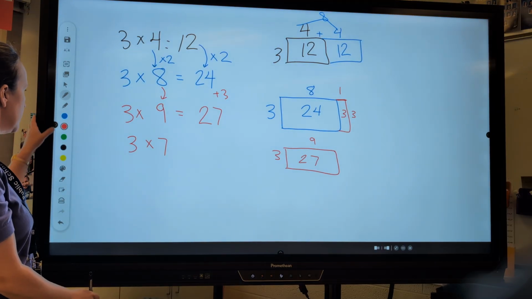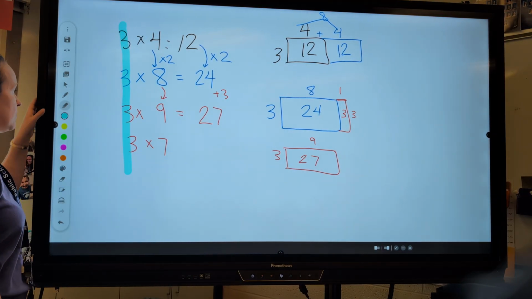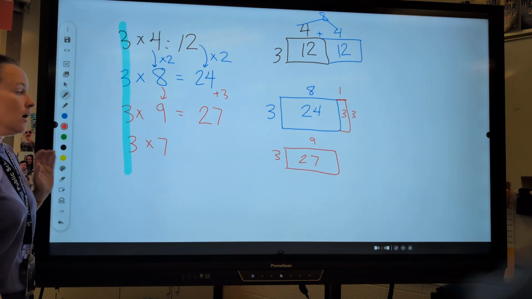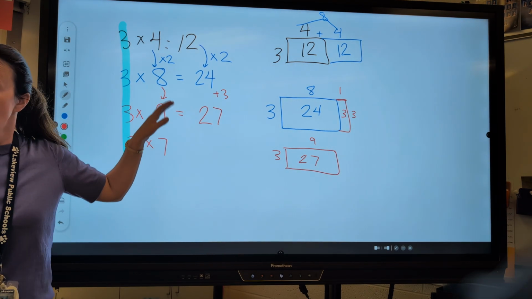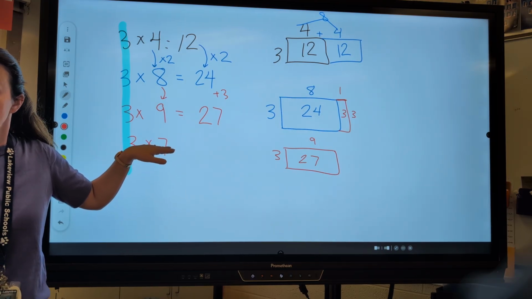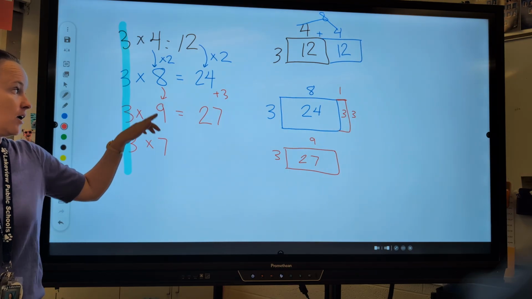There's a 3 all the way, actually. So the 3's are staying the same. What happened here, though, Kiara? It kept on changing with the numbers. It went higher, but then it went lower again.